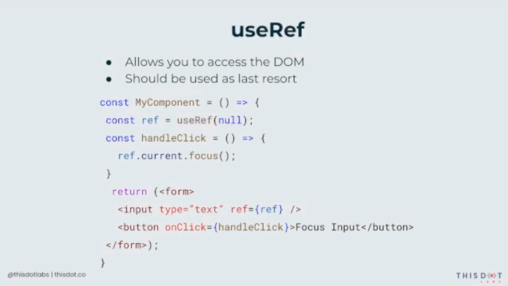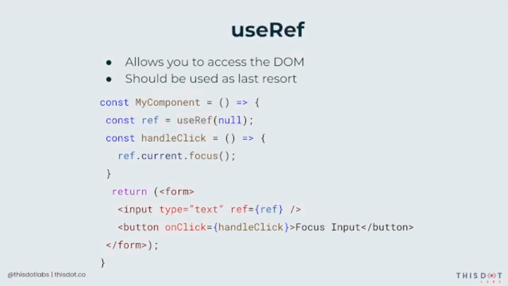Going forward on manipulating the DOM or accessing things outside of React itself, we get a useRef hook, and this allows us to bind a variable to the DOM itself. And before we go any further, I think it's important to know that you should use this as a last resort.